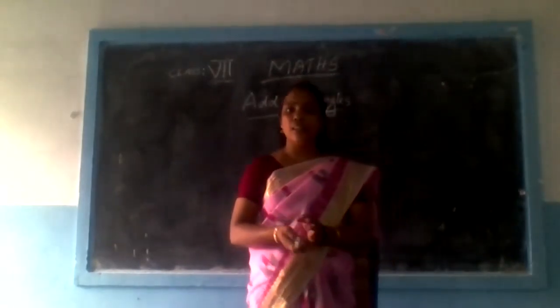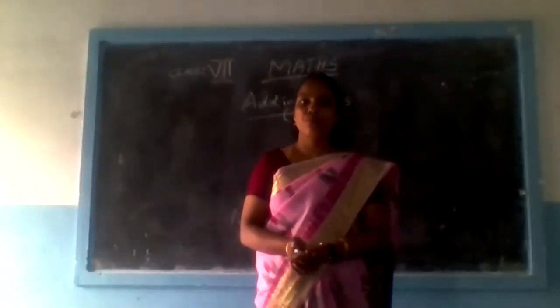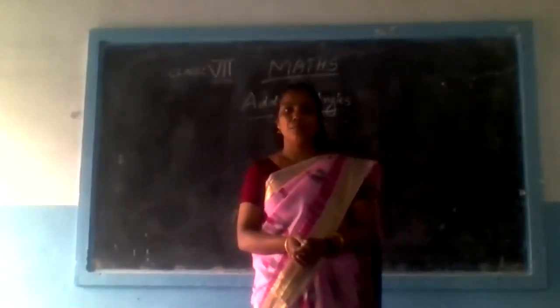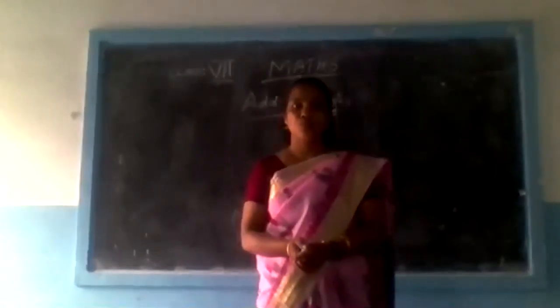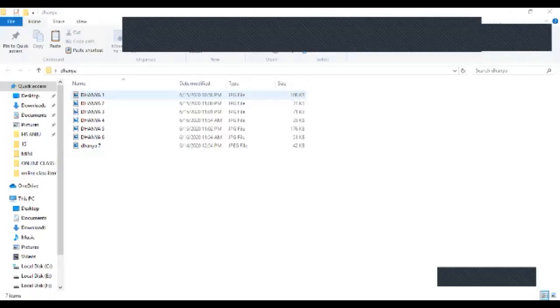Just see one picture. Look at this angle. How many angles? The first angle is 30 degrees. What is an angle?